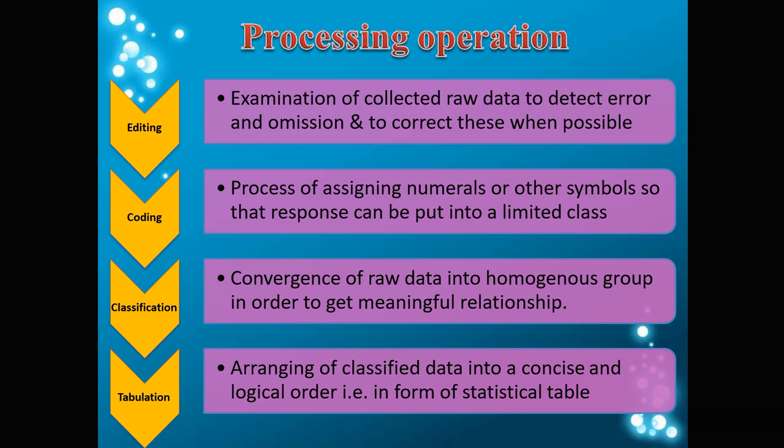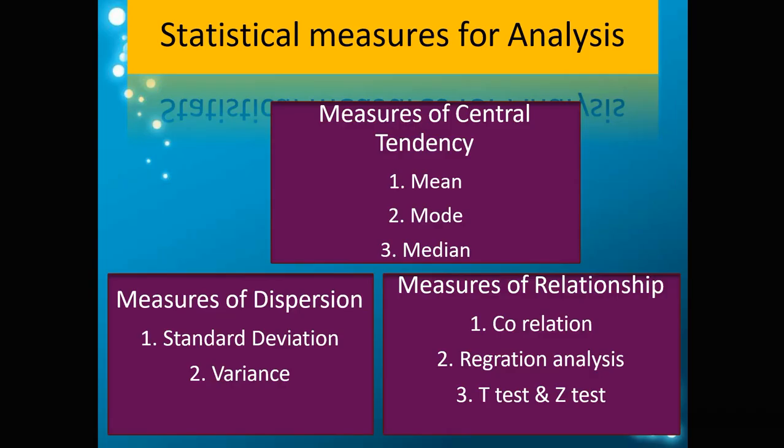And then there is conversion of raw data into homogeneous groups in order to get meaningful relationships. Then we arrange the classified data into a concise and logical order so that we could give this data to the statistician. Then the statistician takes the data and uses different statistical measures for the analysis.